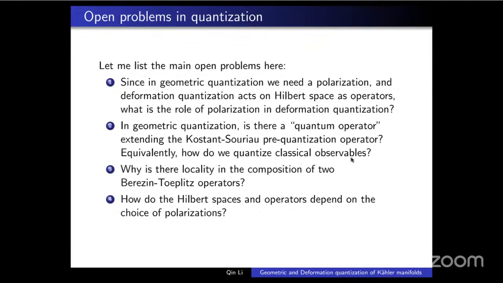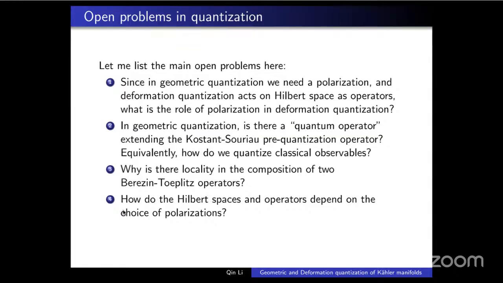Of course, Berezin-Toeplitz quantization is one way to solve this problem, but it's not clear how it's related to Kostant and Souriau's originally defined pre-quantum operator. And the third question is, why is there a locality in the composition of two Berezin-Toeplitz operators?